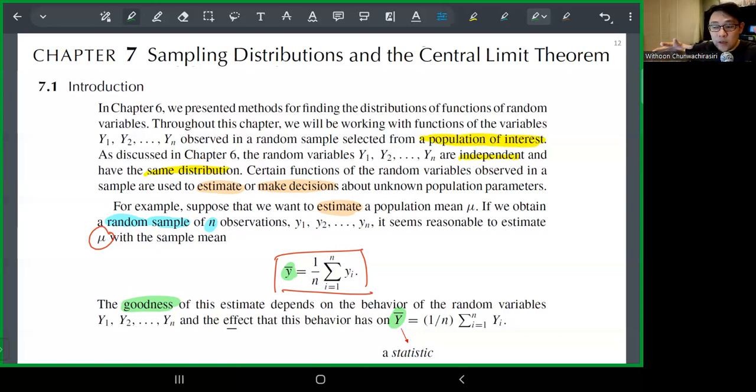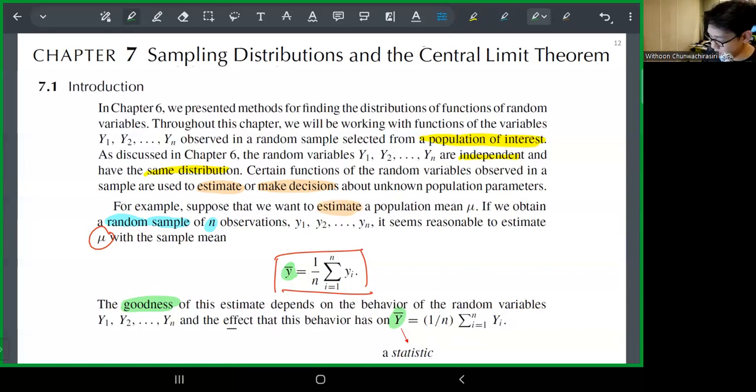So how good it is to use Y bar as the estimator depends on the distribution of Y bar itself. You have to know the distribution. That's why we learn three methods of finding the distribution of a function of variables.